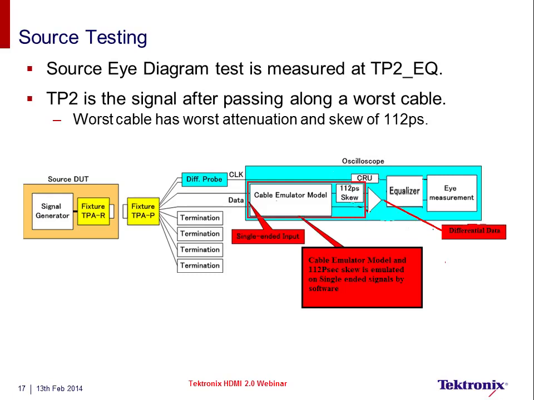The signal of the data lane has to pass through a cable emulator, either in hardware or, like we have shown here, Tektronix has adapted the software implementation of the cable emulator, pass through a 112 picosecond skew before the eye is rendered using the equalizer circuitry or the equalizer filter that has been approved in the HDMI 2.0.